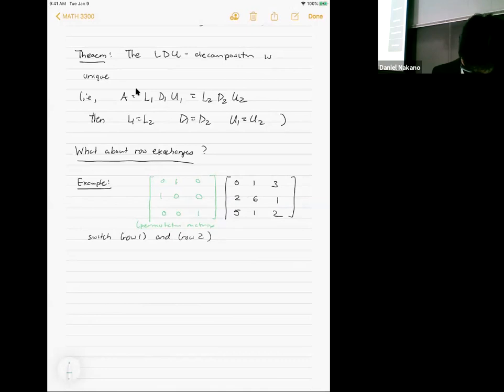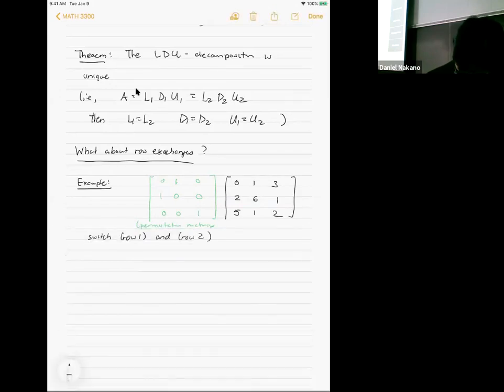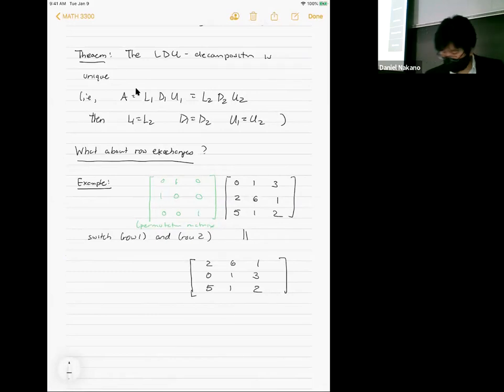Okay, let me go back to the normal color here. And now the resultant here, all you do is take 2, 6, 1 here, 0, 1, 3, and 5, 1. Okay, so this is a permutation matrix, and we're going to call it P21. So you interchange rows 2 and 1.